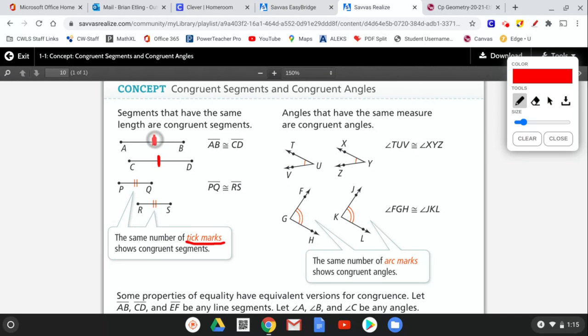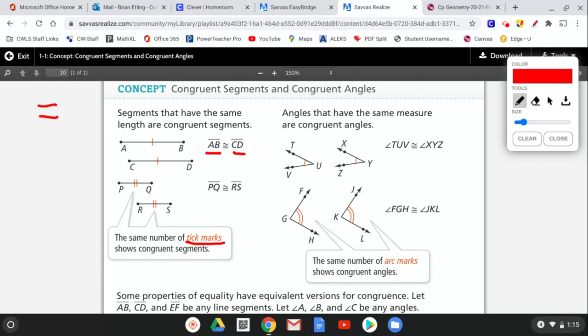Those marks right there, I'm just highlighting them, okay? They use one mark for each segment. That just means that the length of AB is congruent, and when we use congruent, all it means is you would say, hey, this is the equal symbol, so that means it equals.